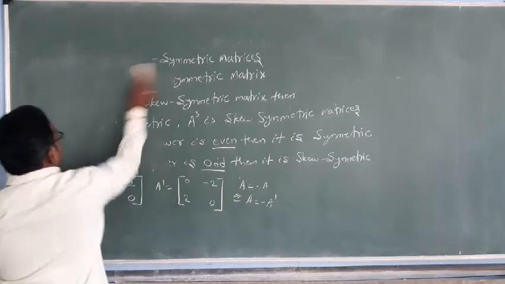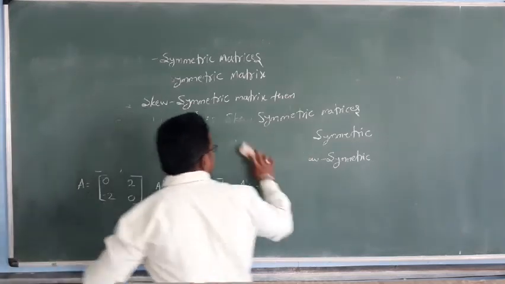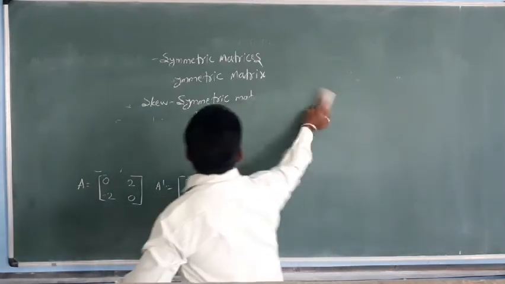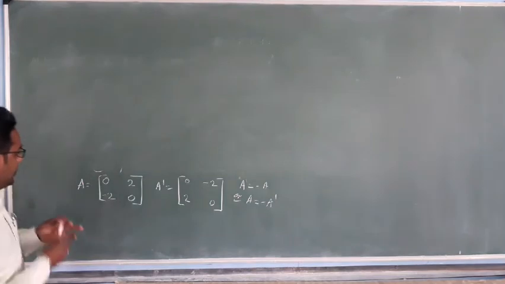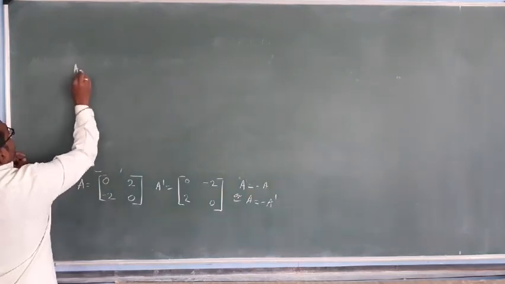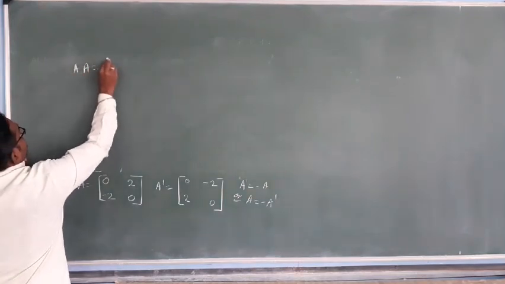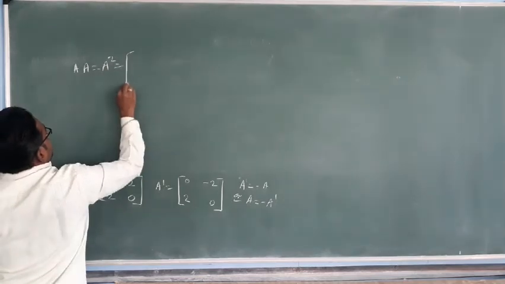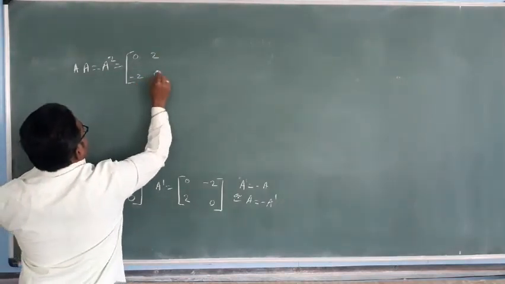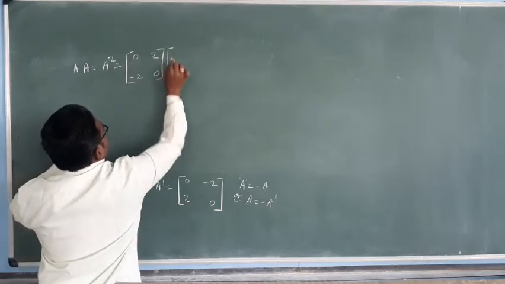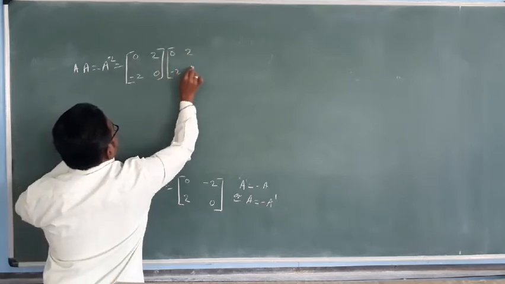I give the statement for a certain result. We will examine that by a particular example. Okay, so A is already here, so I want to get A square. So A into A: 0, 2, minus 2, 0 times 0, 2, minus 2, 0.